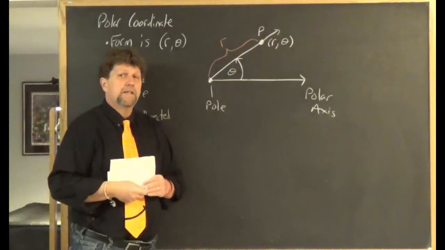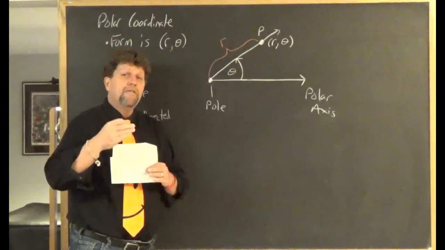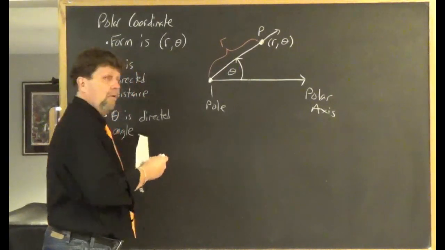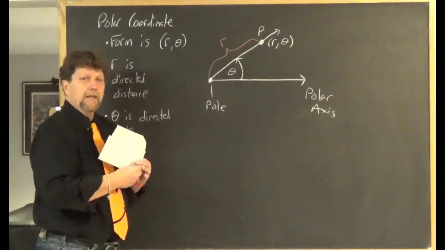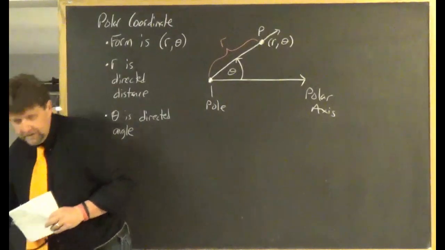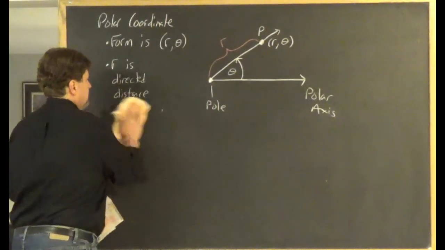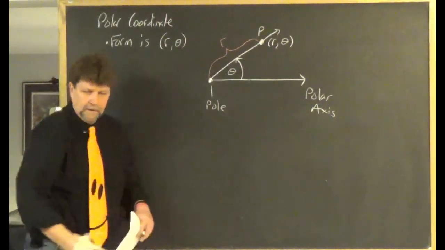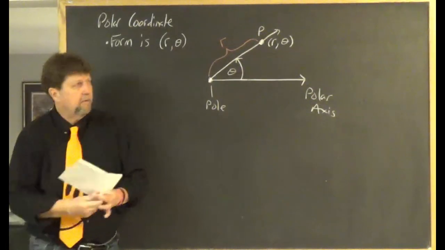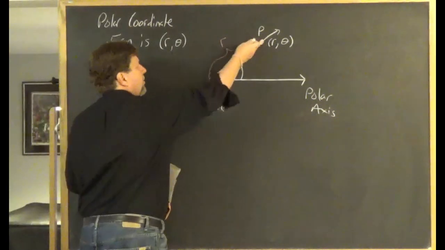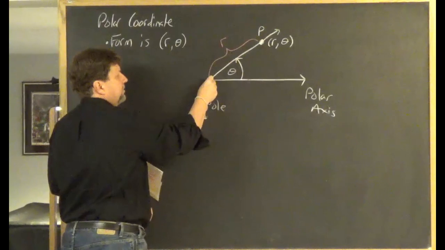It's a directed distance. If I plotted the point, let me do a little erasing here. So this is where my polar axis stops.